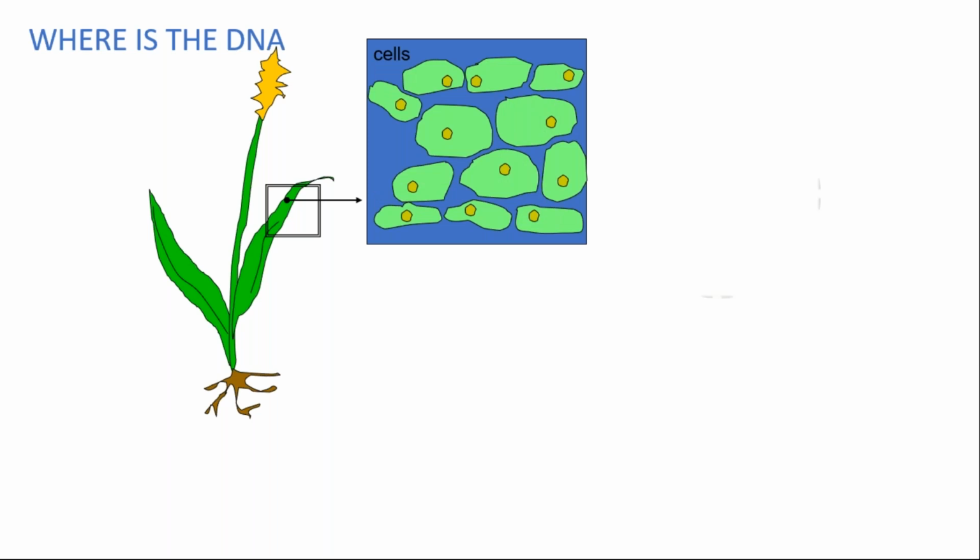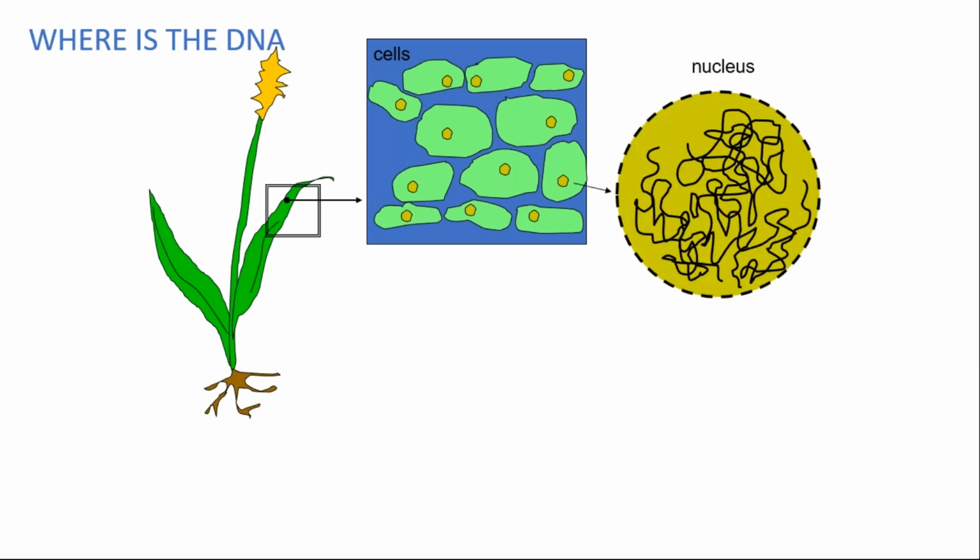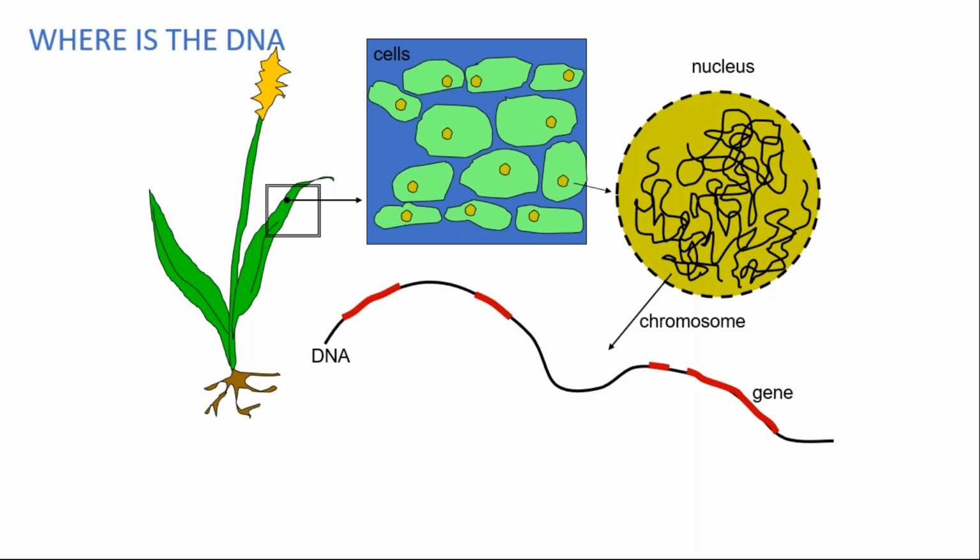And all the leaf cells have got a nucleus. And in the nucleus, you have the chromosome. And the chromosome has got the genes. And the genes are nothing but a set of DNA.